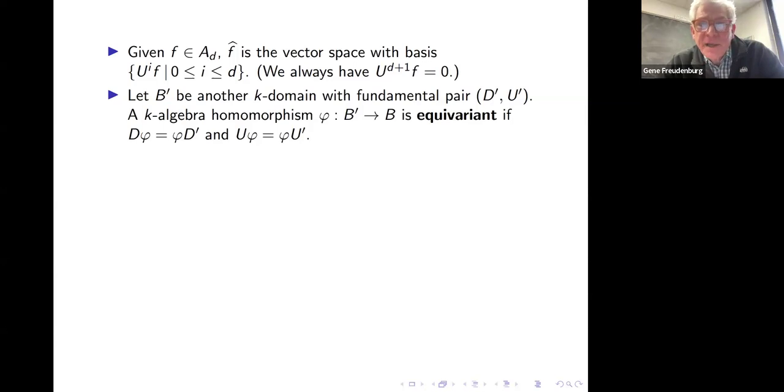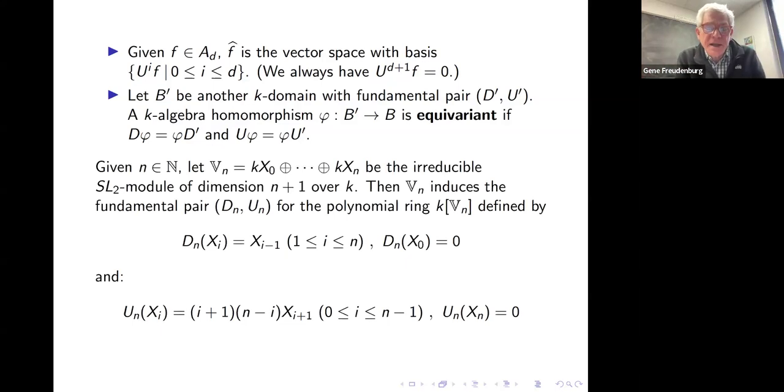If I let B' be another k-domain with another fundamental pair D', U', then of course we're going to say a homomorphism phi from B' to B is equivariant if D phi and phi D' are the same and U phi and phi U' are the same. So the obvious definition we want to take here is equivalent to the mapping being equivariant in the standard sense for the SL2 action.